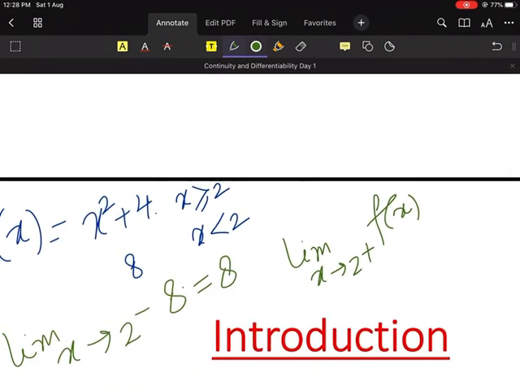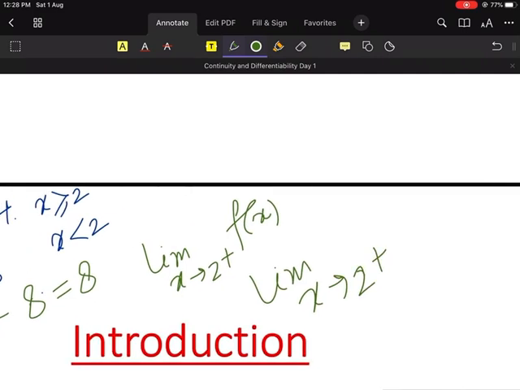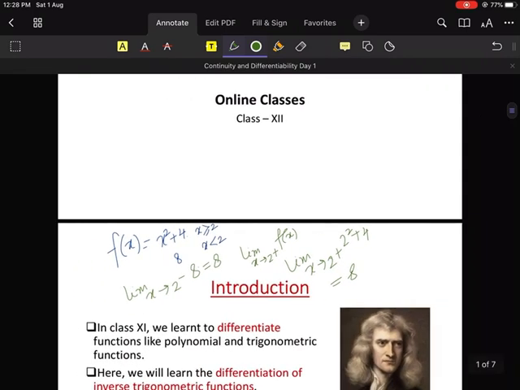For 2 plus it will be x square plus 4. So limit x tends to 2 plus will be 2 square plus 4, and 2 square plus 4 is 8. Everyone clear? Yes or no?